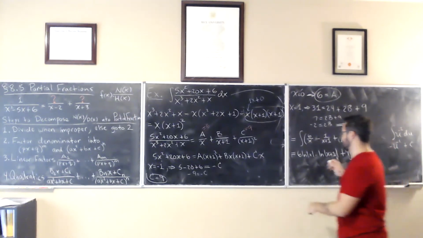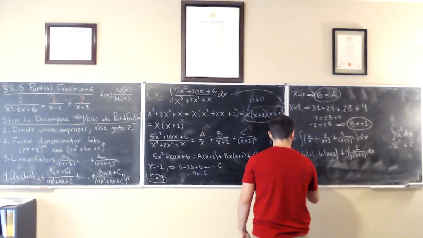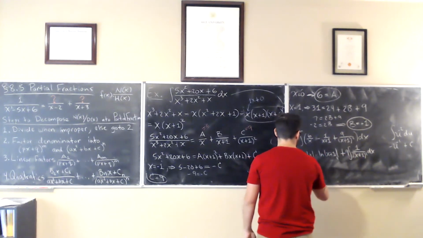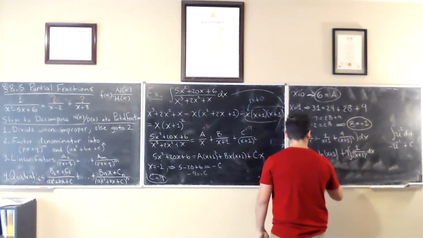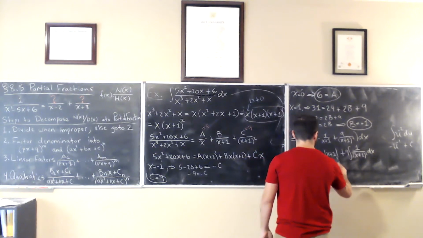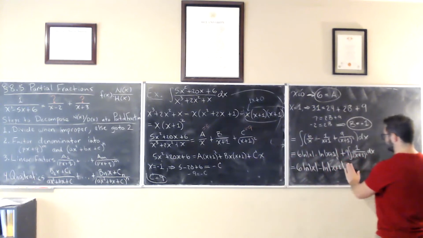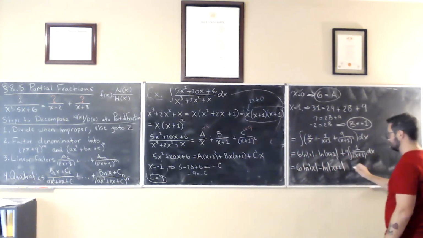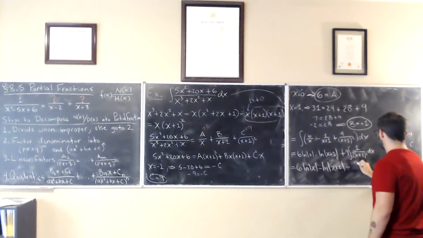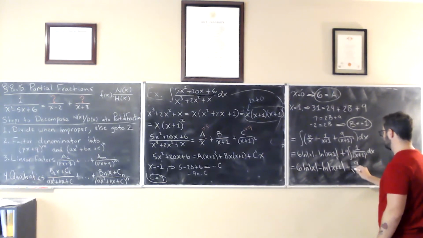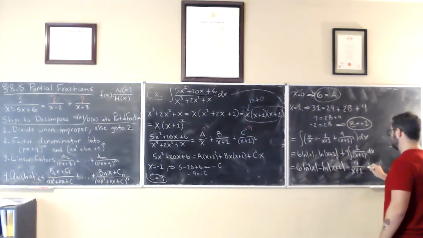So this is actually just going to be 6 times natural log absolute value of x minus natural log absolute value of x plus 1 minus 9 over x plus 1, and then plus c.